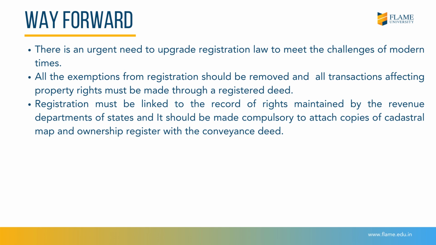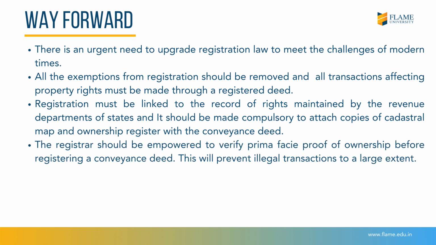It should be made compulsory to attach copies of cadastral maps and ownership register along with the conveyance deed. This will help avoid boundary disputes in future. Further, the registrar should be empowered to verify prima facie proof of ownership before registering a conveyance deed. This will prevent illegal transactions to a large extent.